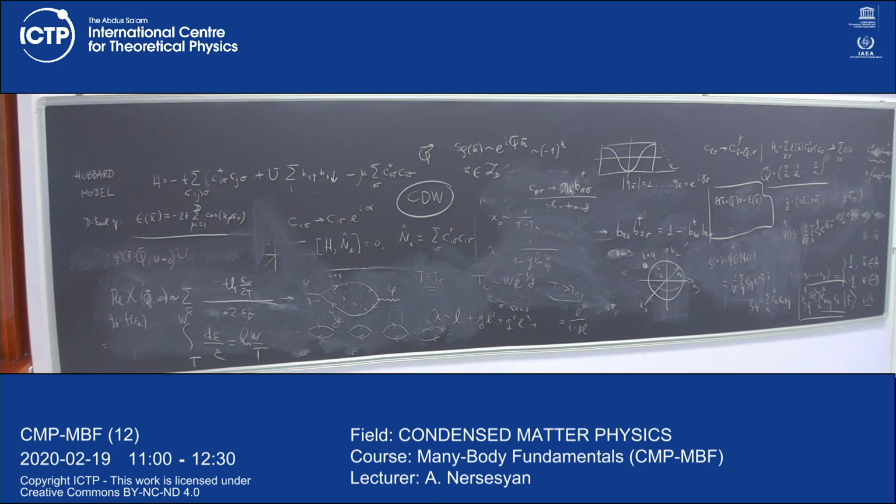The metal goes in your memory to something past, good times with the metallic state, and you start your life with the charge density wave. That's more or less how instability occurs in interacting Fermi systems.